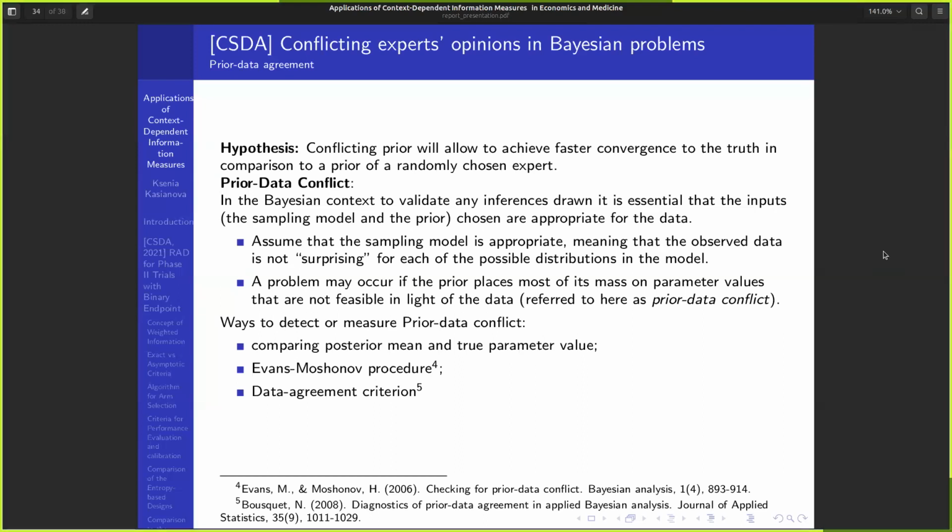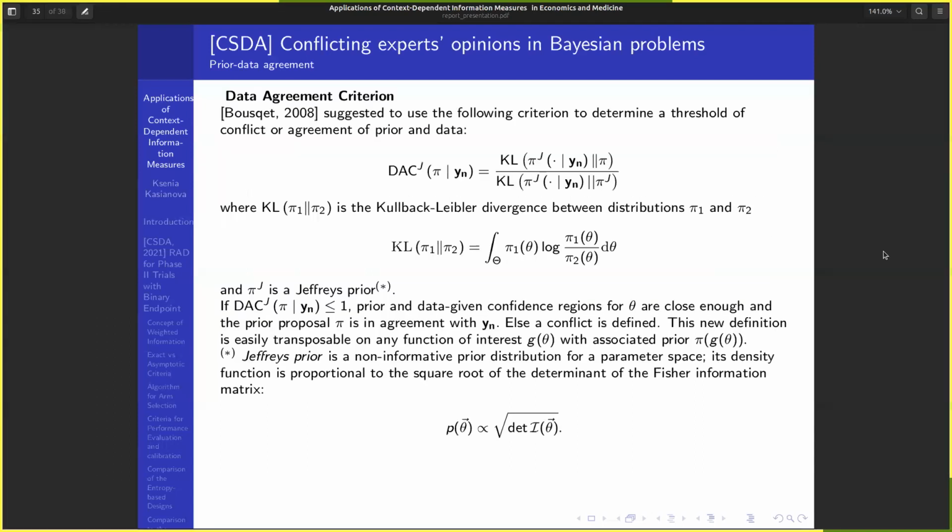What we want to do is show that for some specific parameters, if we know that there is indeed conflict in expert opinions, our prior, which accounts for that, will allow us to achieve, first, the convergence to the truth faster, and also it will give us less of a prior data conflict.